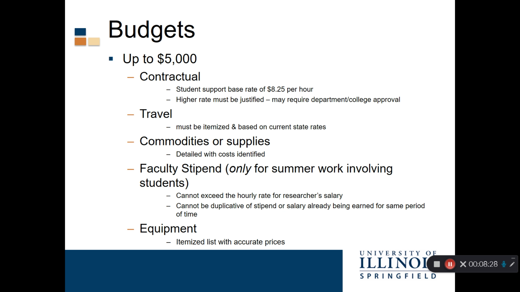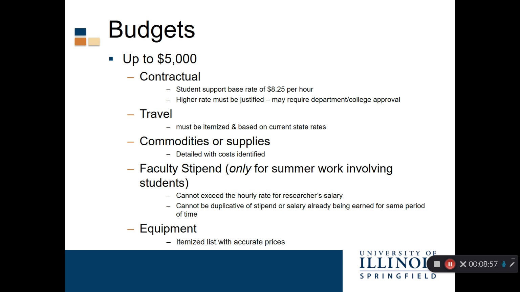Once you know how much time you want to get involved in it, I can get that detail worked out. Usually the limit's $5,000, so you're not going to get 100% summer salary off of this. Okay, other questions?